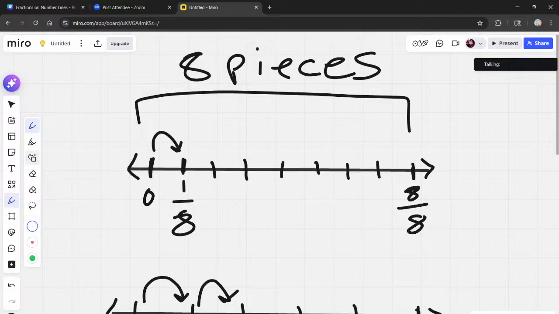So when we're trying to get to the end where we have all 8 of the pieces, we have to jump by small increments or small numbers.